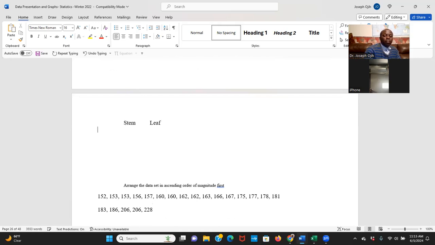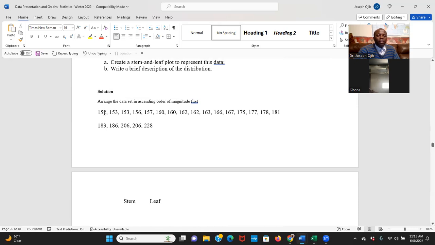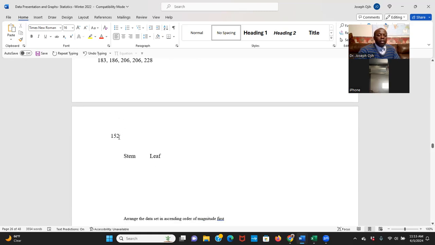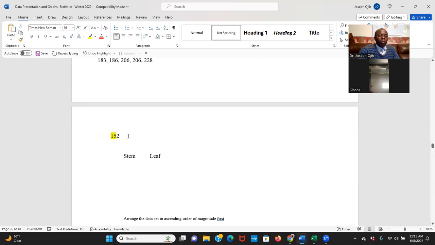Now, if you look at your data here, there are three digits each. For example, the first value is 152. In that case, remember, the leaf is always the last digit.